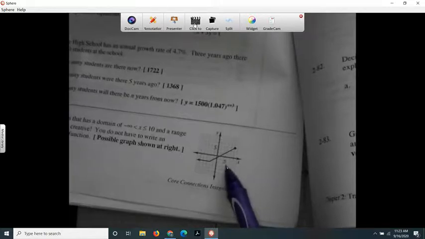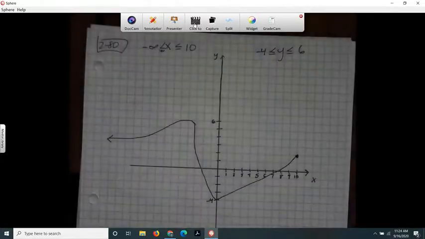The thing about your book is if you don't already know how to graph, this is going to confuse you a lot because they're probably counting by 2s. 2, 4, 6. They're using the grid marks as 2s, and so if you don't know how to graph, it makes you think that you're supposed to write the numbers in between the grid marks, but you're not. Okay, so just be careful.